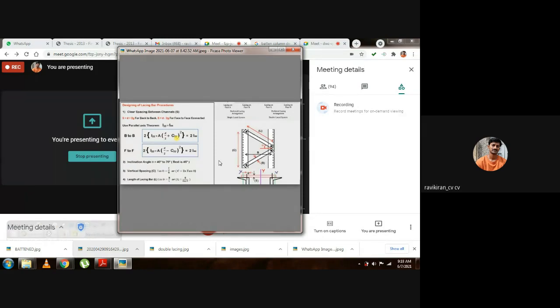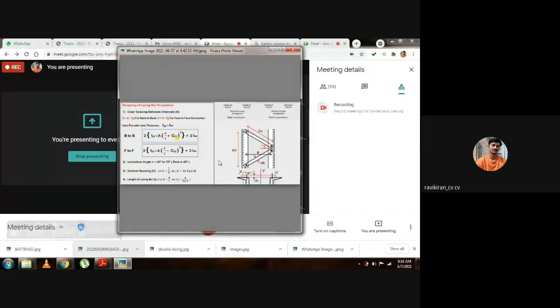See, the lacing shall be proportioned to resist a total transverse shear Vt. Okay. Same way, if you go to 7.6.6.3, the slenderness ratio KL by R of the lacing bars shall not exceed 145. Okay. And go to 7.6.8, end tie plates.